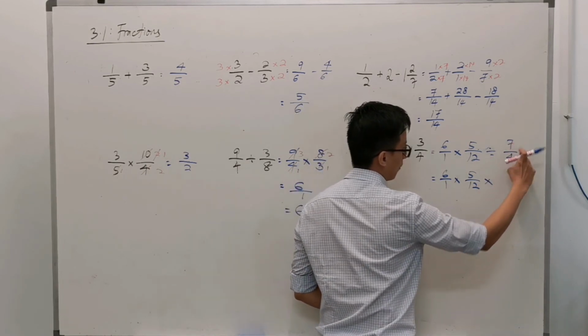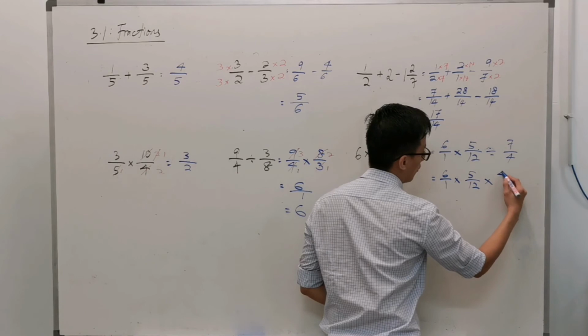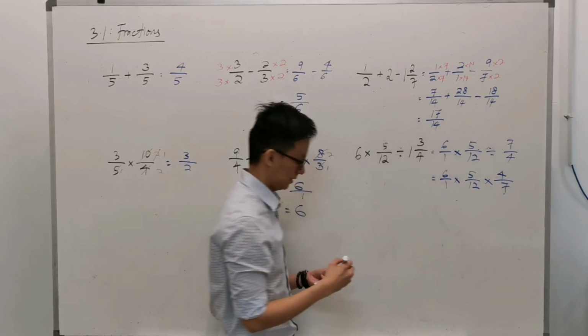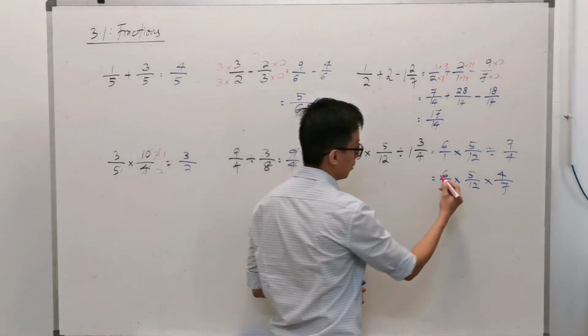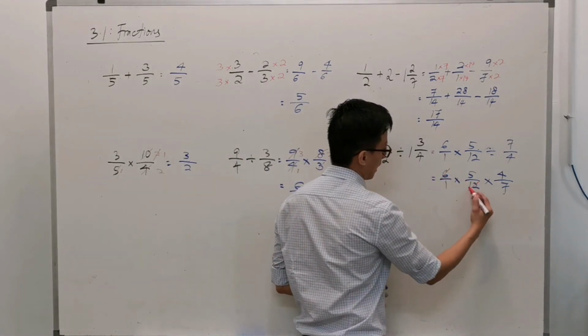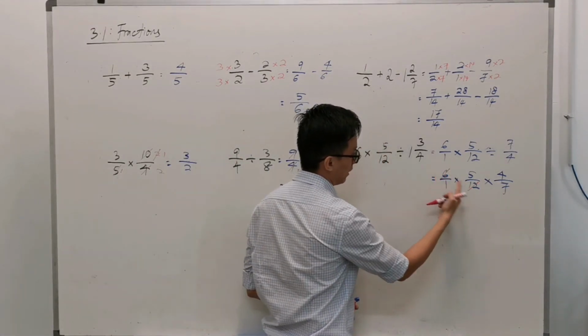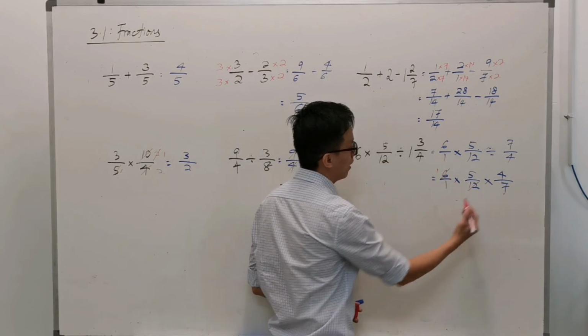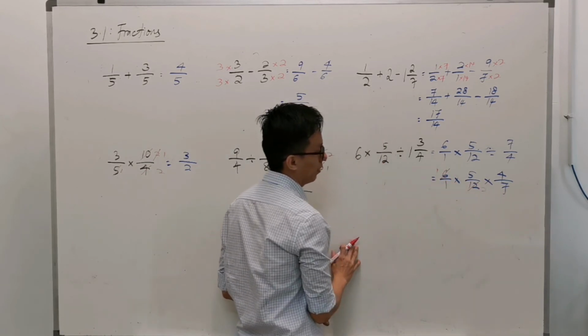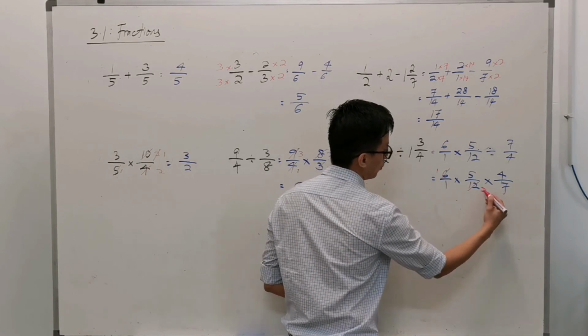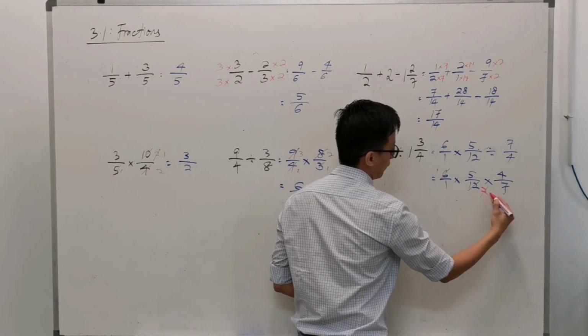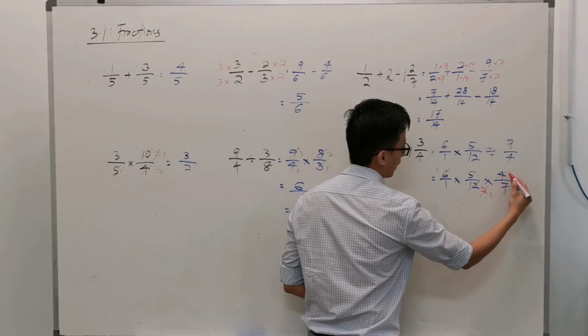The fraction 7 over 4 will turn upside down and become 4 over 7. Let's start the simplification. 6 and 12 can both be divided by 6. I will get 1 here, and I will get 2 here. Then 2 and 4 can be divided by 2. Here I will get 2.